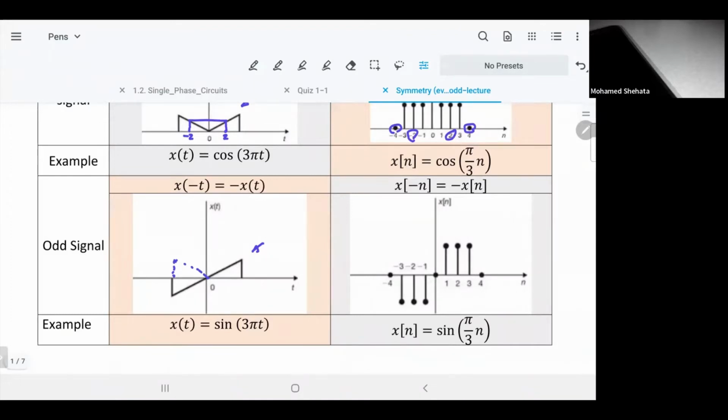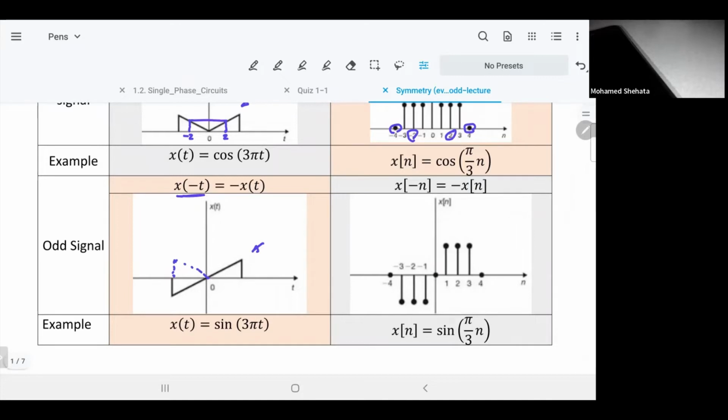If you draw a line passing through the origin, you'll find that both parts are symmetric about the origin. And mathematically, x of -t is not equal to x(t) like the even signal. No, it's equal to -x of t. It means that it will be equal in magnitude, but you just add a negative sign.